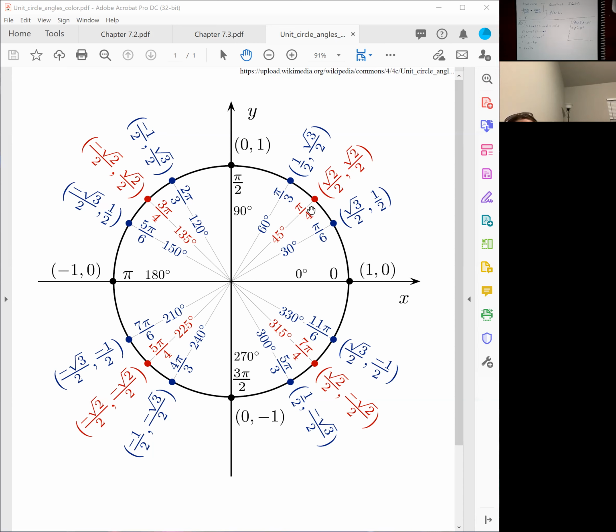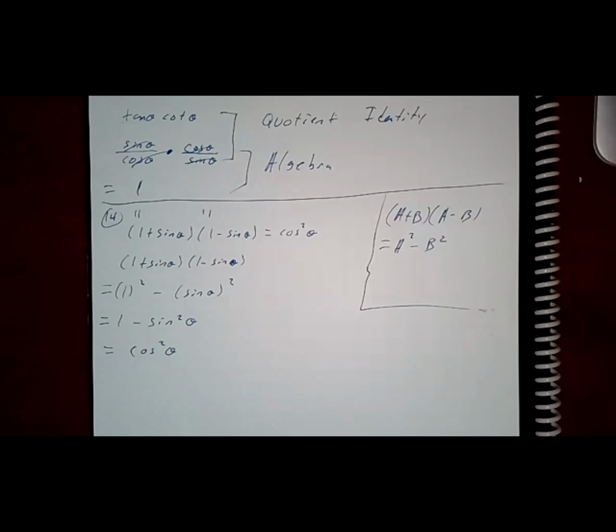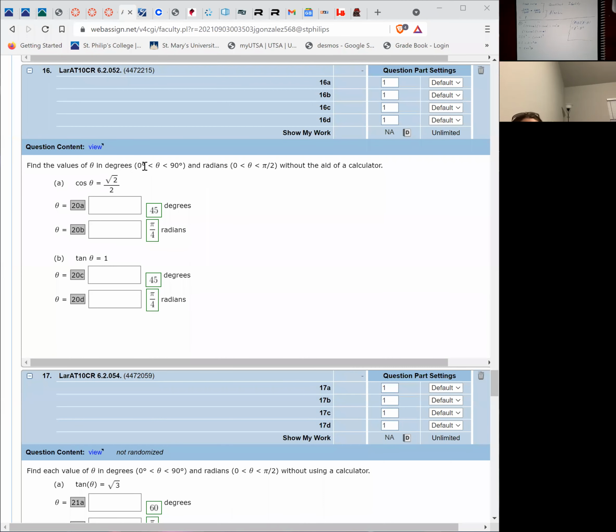So you would say pi/4 because the instructions tell you it has to be between 0 and 90 degrees or 0 and pi/2. So that's why it has to be these two. Okay. There's not much work to show. You just need to look at your circle and find them. Okay.